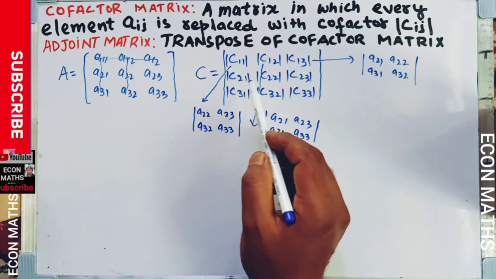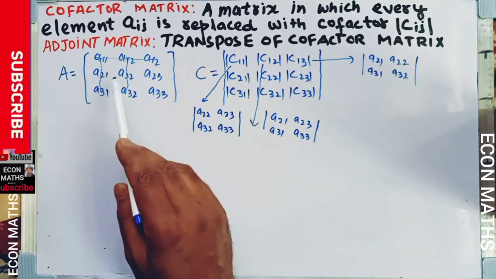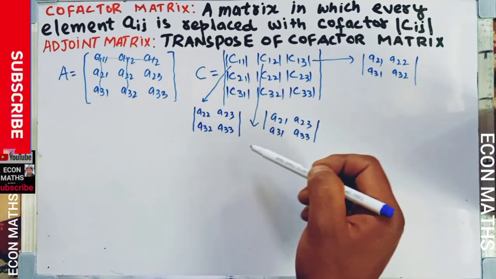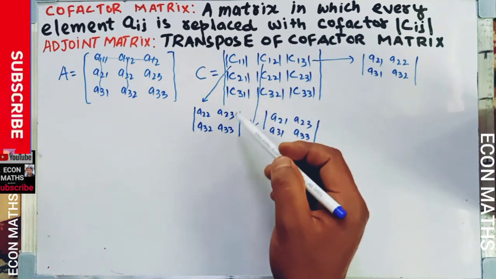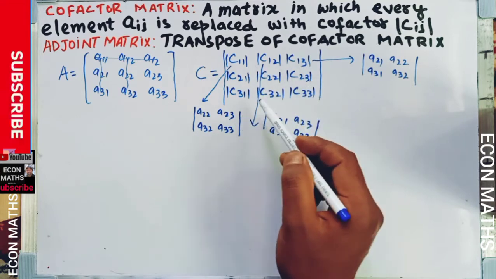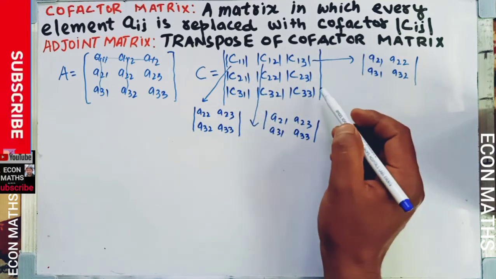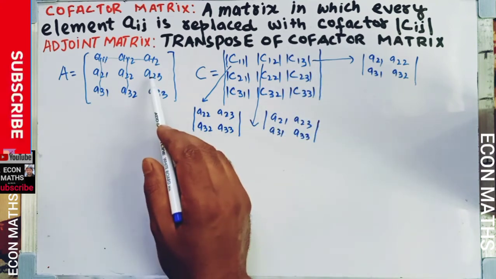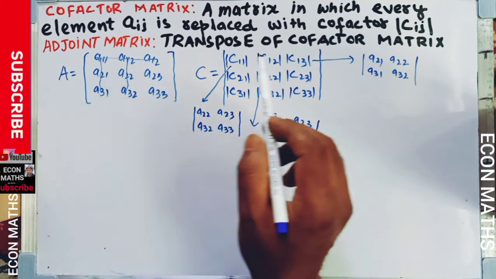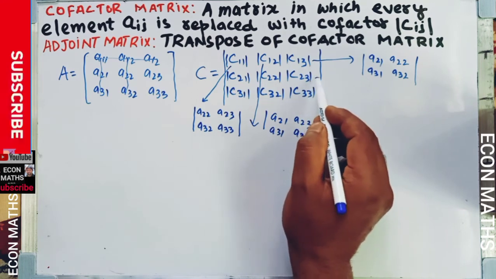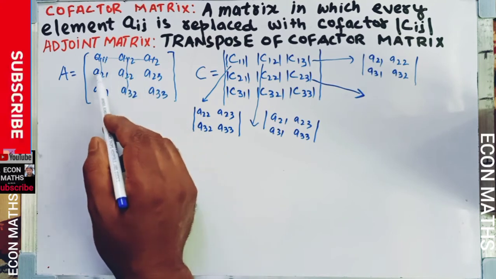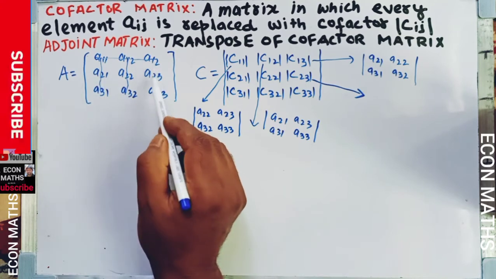Similarly, we replace every element of this matrix with its cofactor. This process goes on until we find all 9 cofactors. Let me take another random cofactor. Now if it is the element A23, we have to replace it with the cofactor, that is C23. Now here we delete this row and the column in which it appears.